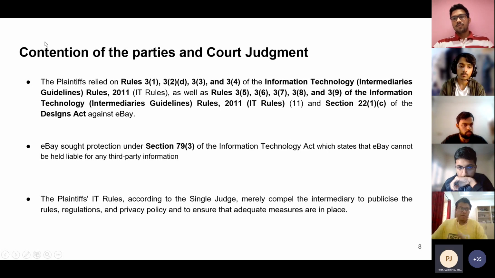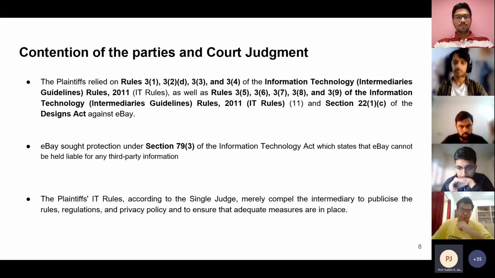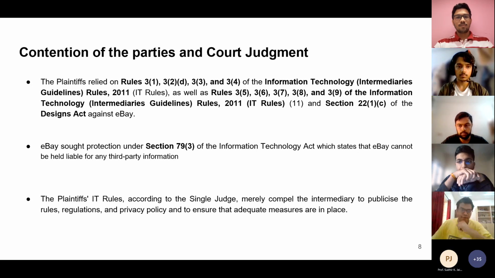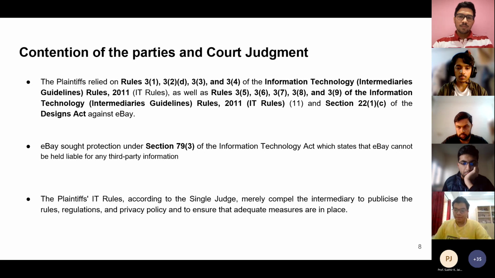I'm going to continue from the court judgment and the arguments brought by the defendant and the plaintiffs. The plaintiffs, who were Kent, relied on rule 3 of the Information Technology Intermediary Guidelines Act of 2011, because in this case eBay was acting as an intermediary, as it was selling the goods which were allegedly infringed and were made by Amit Kotak.